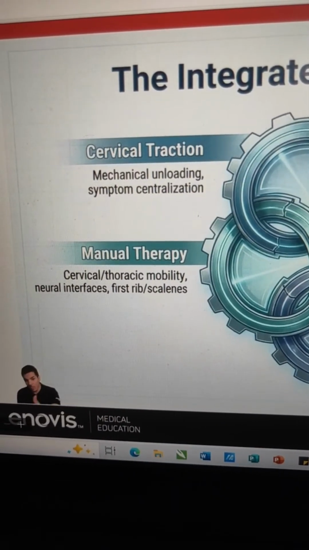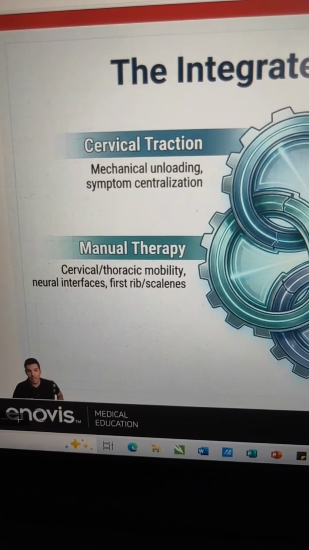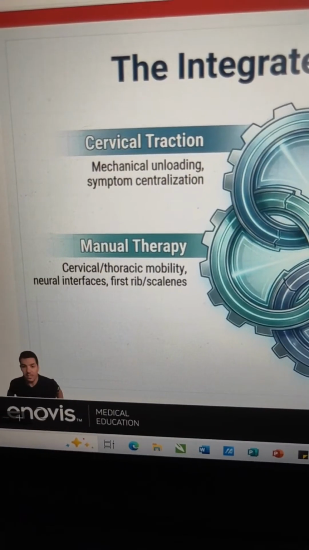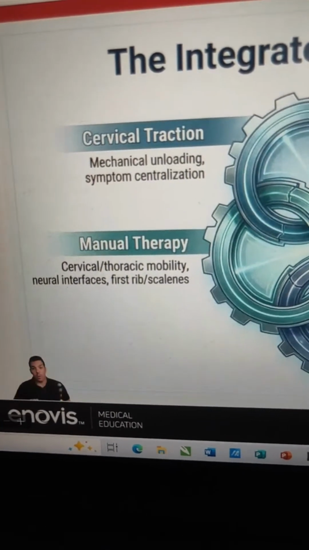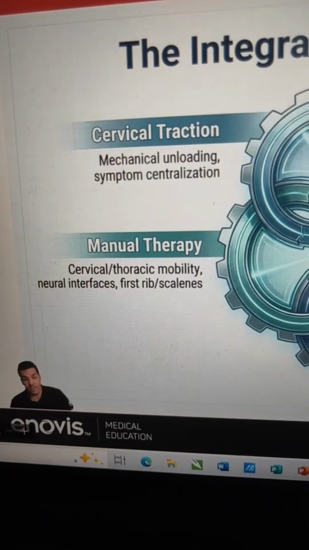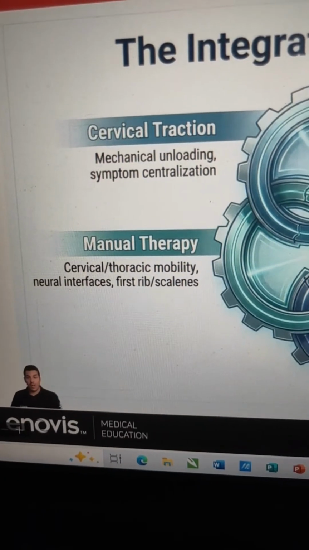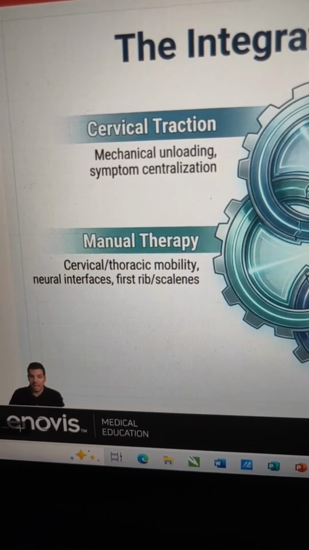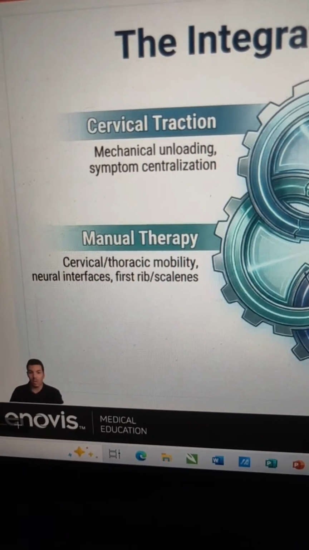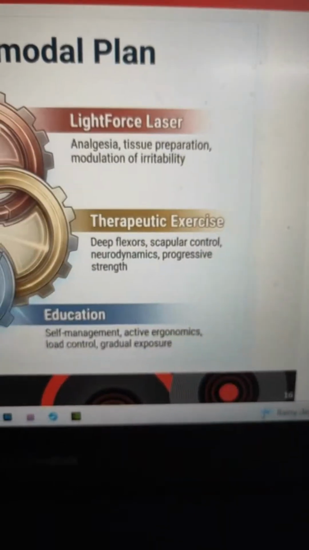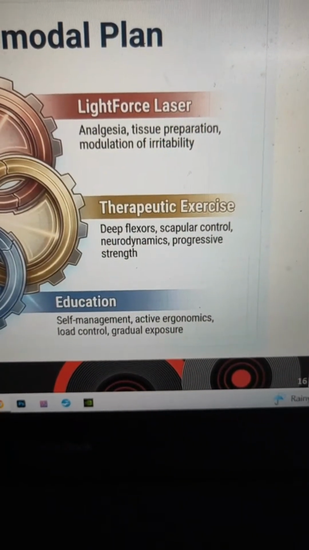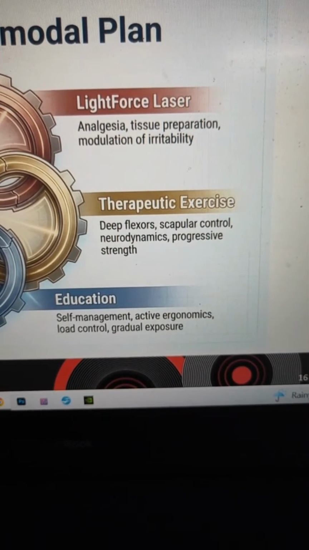As a result, manual therapy is then aimed at restoring cervical and thoracic mobility, as well as modifying the interfaces such as the first rib, or working directly with direct techniques on the scalenes or the pectoralis minor. In other words, one thing complements the other. That's why we talk about a comprehensive approach, not just applying one method or another.